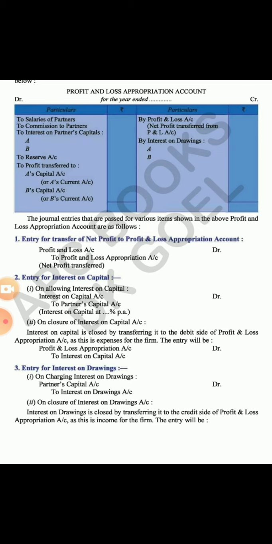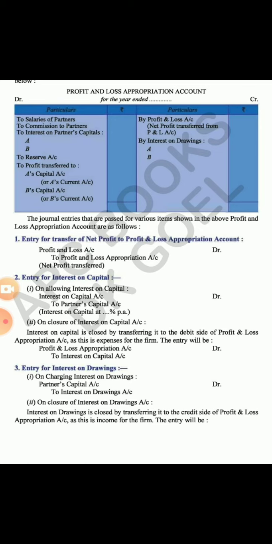For example, if the drawing during the year is 10,000 at 6% rate, then 6% of 10,000 is 600, but here it is for just 6 months, so 300 is the interest on drawing.